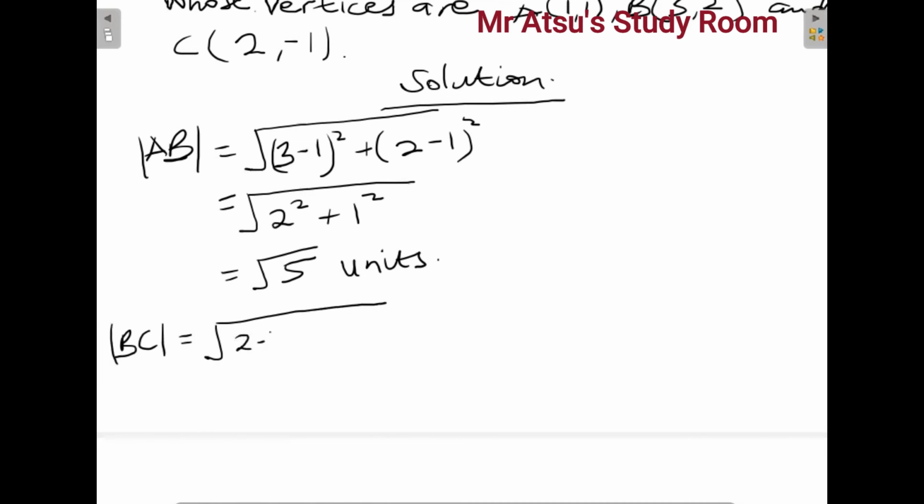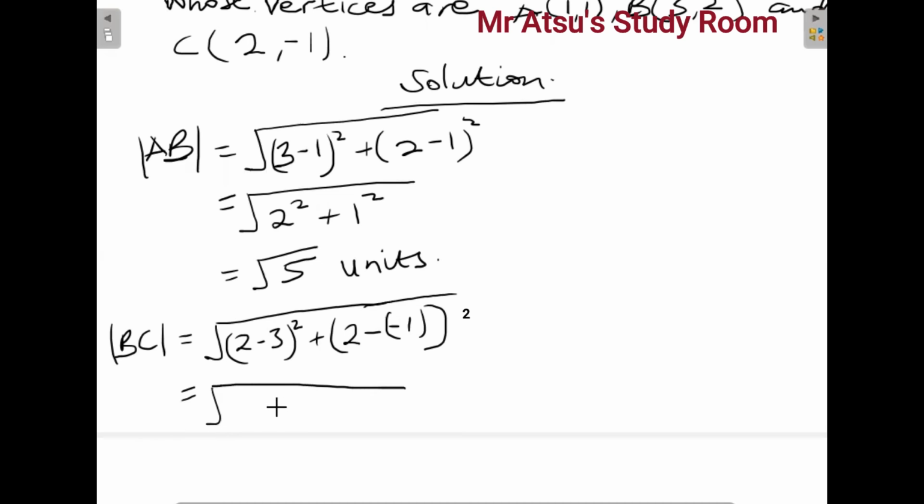So we are going to have 2 minus 3 all squared plus -1 minus 2 all squared. 2 minus 3 will give us -1 squared, then plus -1 minus 2 will give us -3, then squared. -1 squared will give us 1, then 3 squared will give us 9. When we put it all together, that gives us square root of 10 units. That is the length or magnitude of BC.